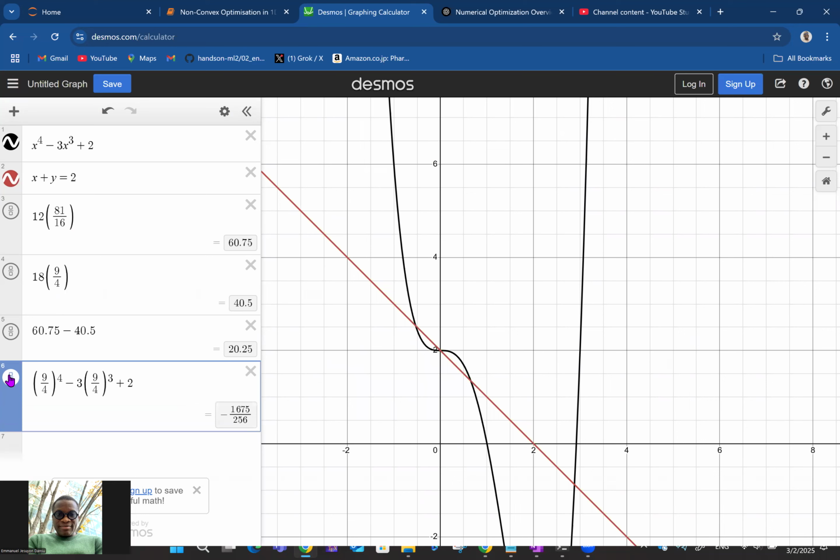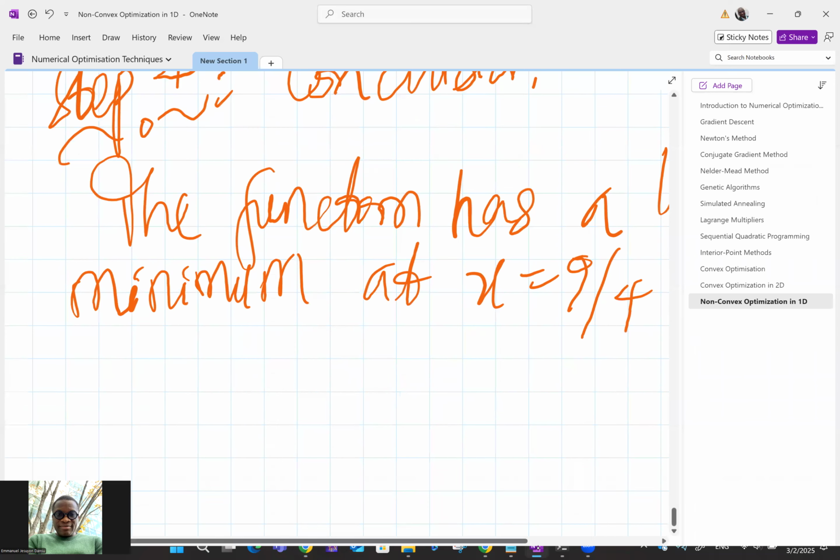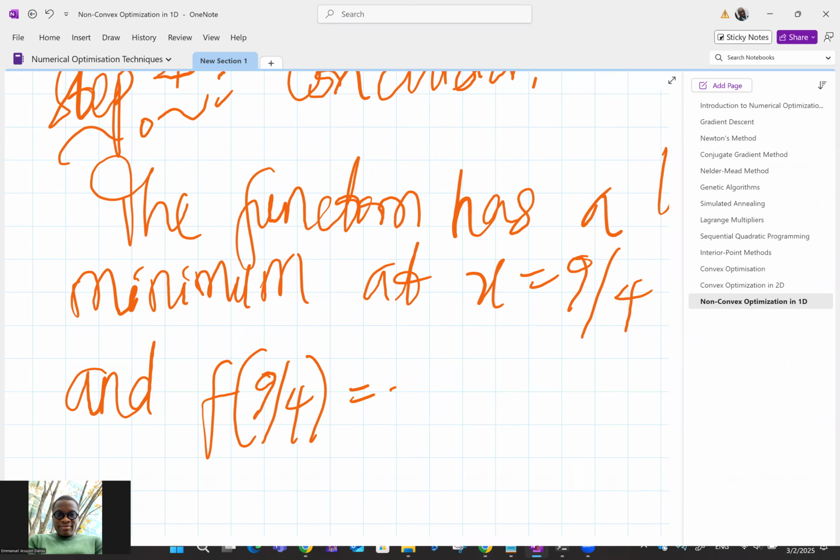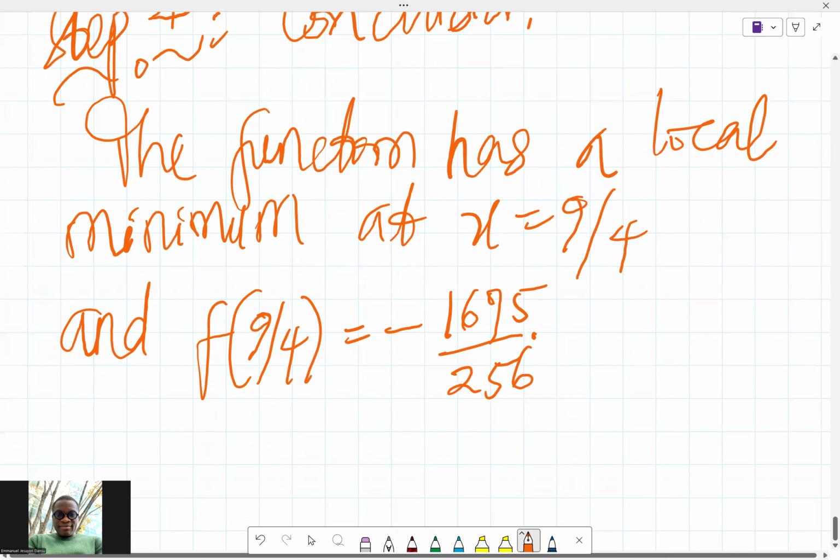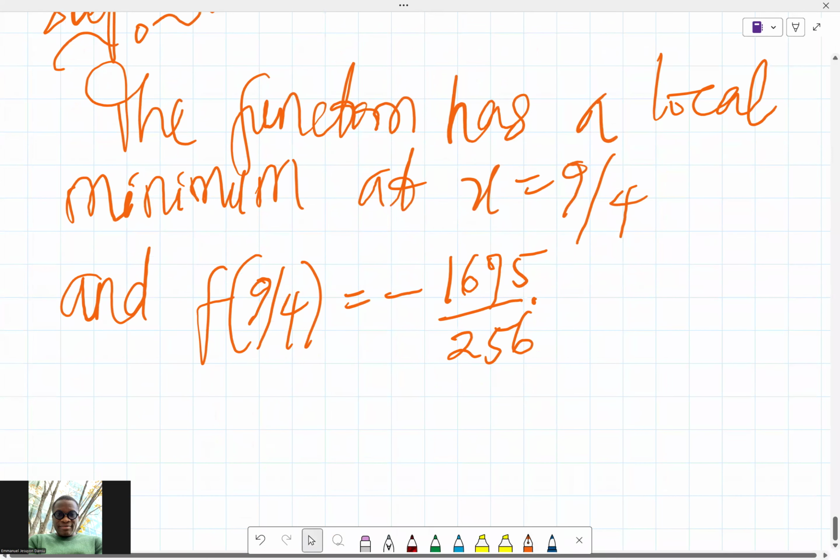That is minus 1675 over 256. I like fractions like that. The original function, f of 9 over 4, is minus 1675 divided by 256. So that's the minimum point of that particular function.